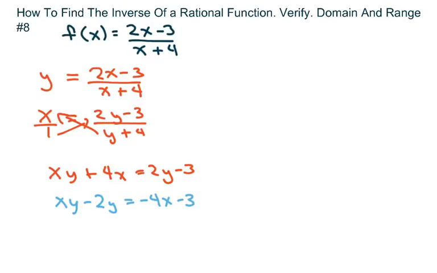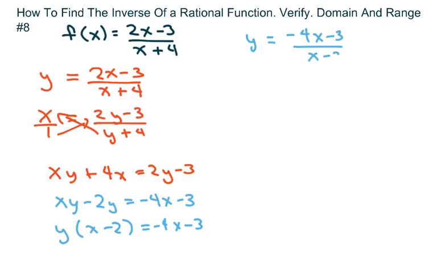minus 3. I'm going to factor out the y here, and I get x minus 2 equals negative 4x minus 3, and then divide. So you get y equals negative 4x minus 3 over x minus 2.